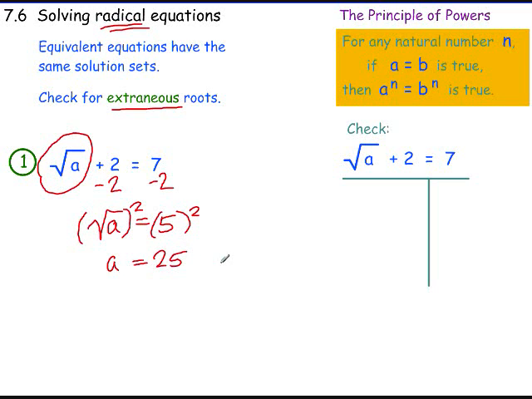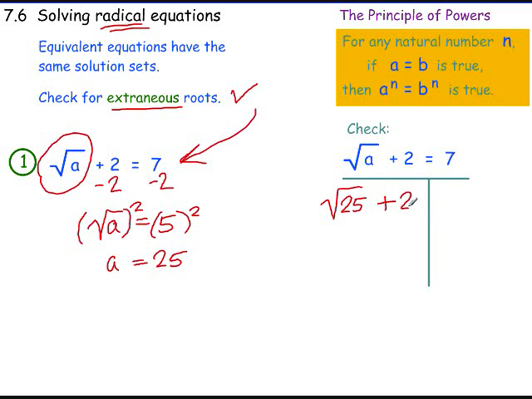Okay. So we're going to check this now. And when we check for extraneous roots, we always go back to the original equation. That's the only way you can check it legitimately. So if A is equal to 25, we're going to say the square root of 25 plus 2.